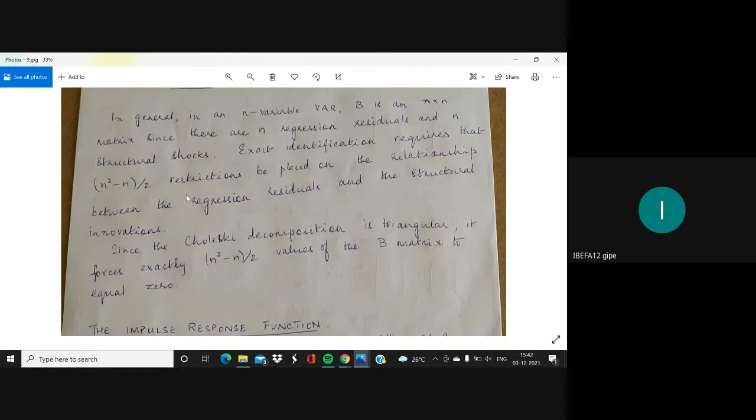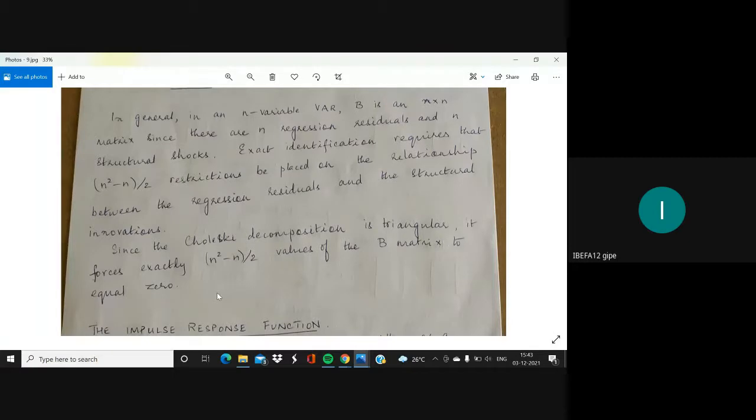Depending on how many variables you have in your VAR model, you'll be able to find out using this formula exactly how many restrictions you should be placing so that you can actually identify the structural VAR model. I hope this is clear to all of you. Since the Cholesky decomposition is triangular, it forces exactly n square minus n by 2 values of the B matrix to equal 0.